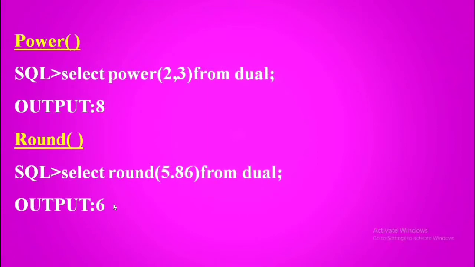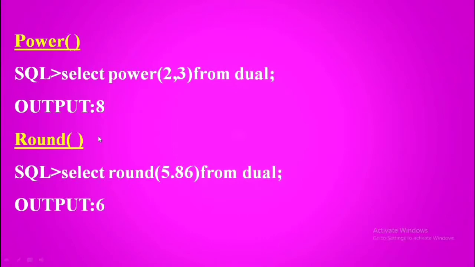Next command is power. The functionality of the power function is to display the m power n value. This is the command: select power of 2, 3 from dual. The power 2, 3 is 8. 2 power 3, 8 is the output.